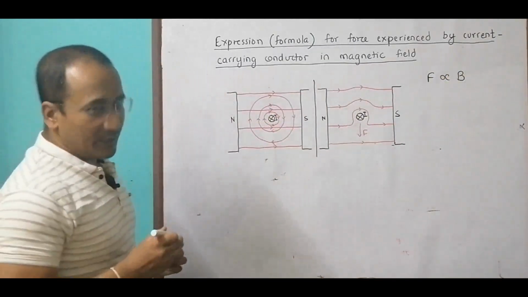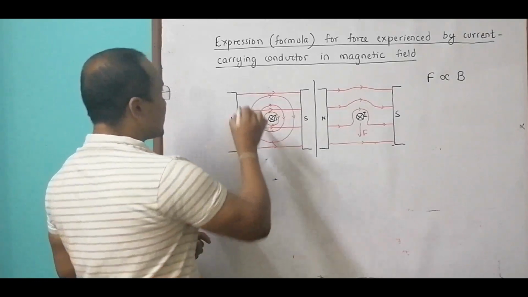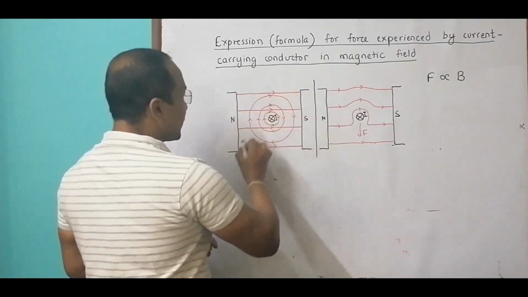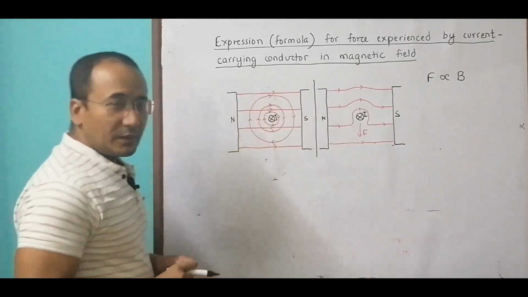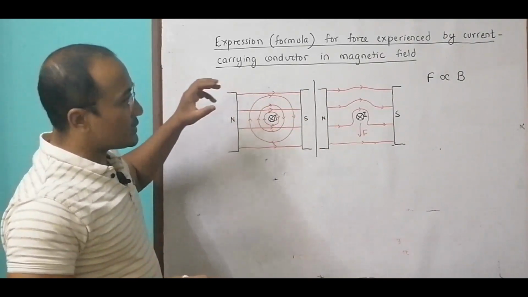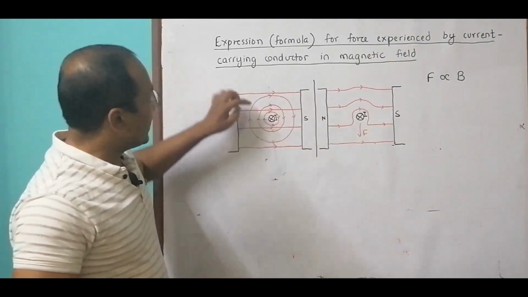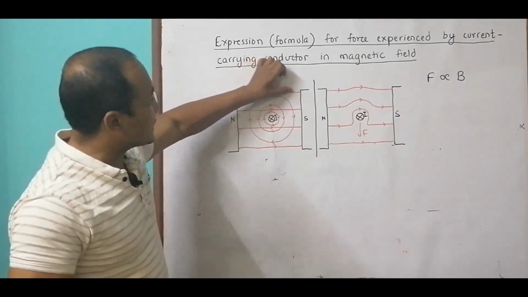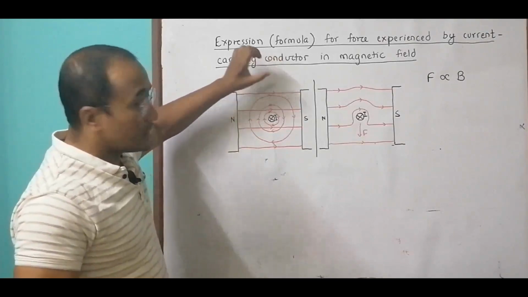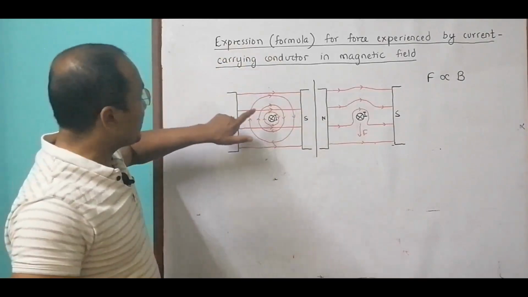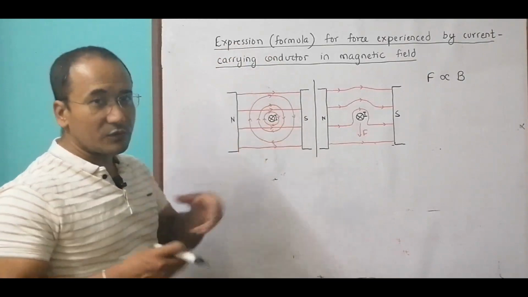Magnetic field strength. So why? It's because the stronger the magnetic field is, there will be more field lines. More field lines means there is a chance of stronger interaction between these magnetic field lines and these field lines. So that means the force will be higher.